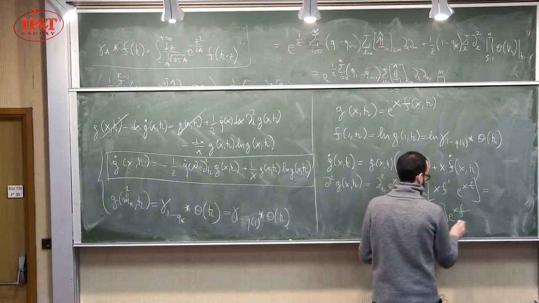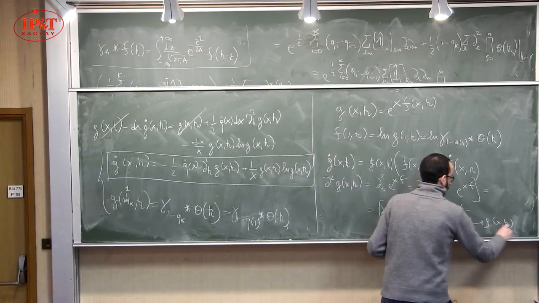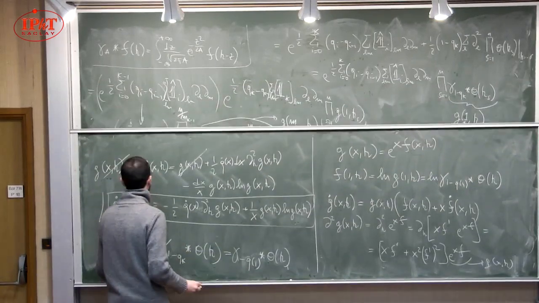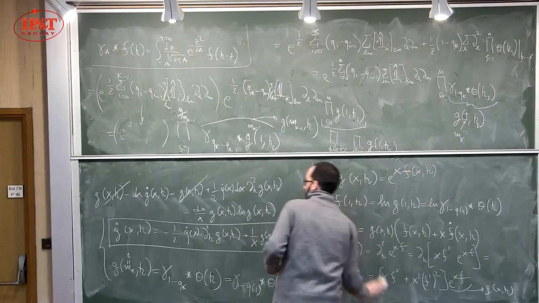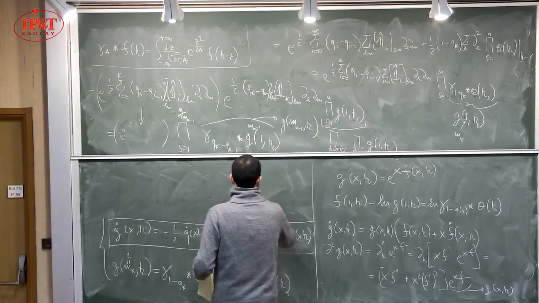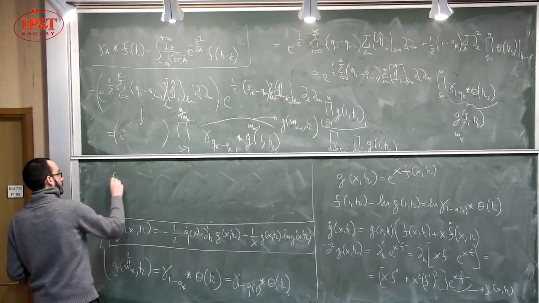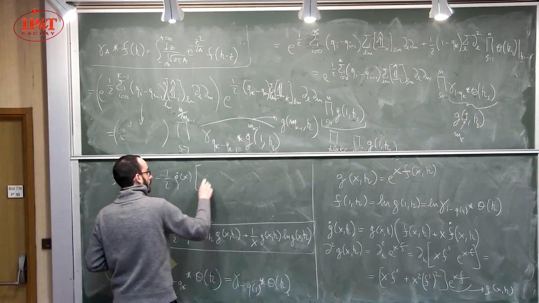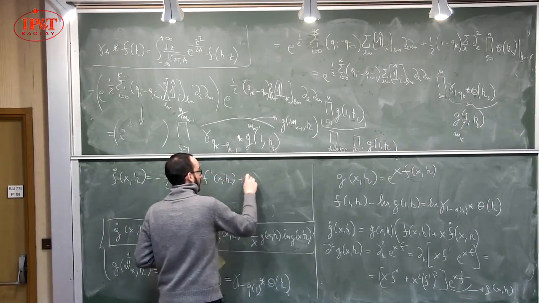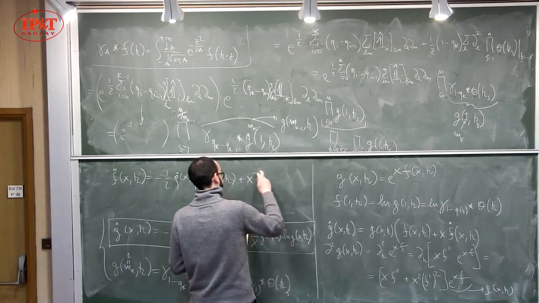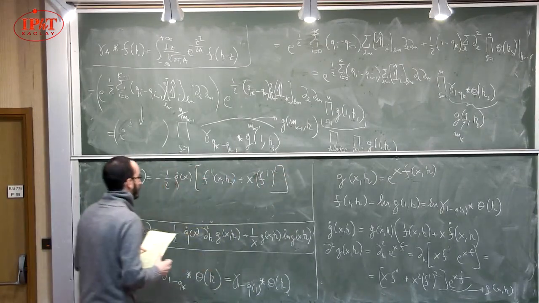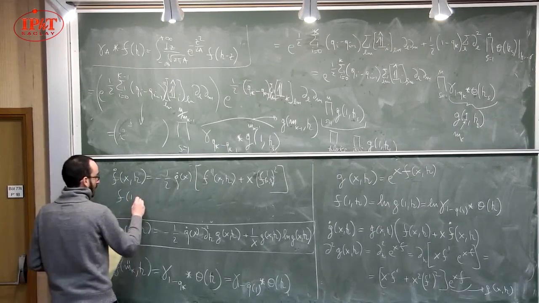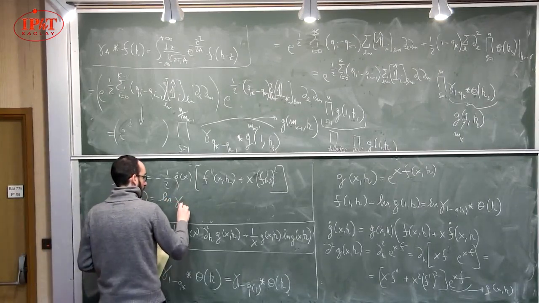So this is equal to g, and if we plug this into this equation, then we get an equation for f, which is this, with the boundary conditions log gamma 1 minus q1.